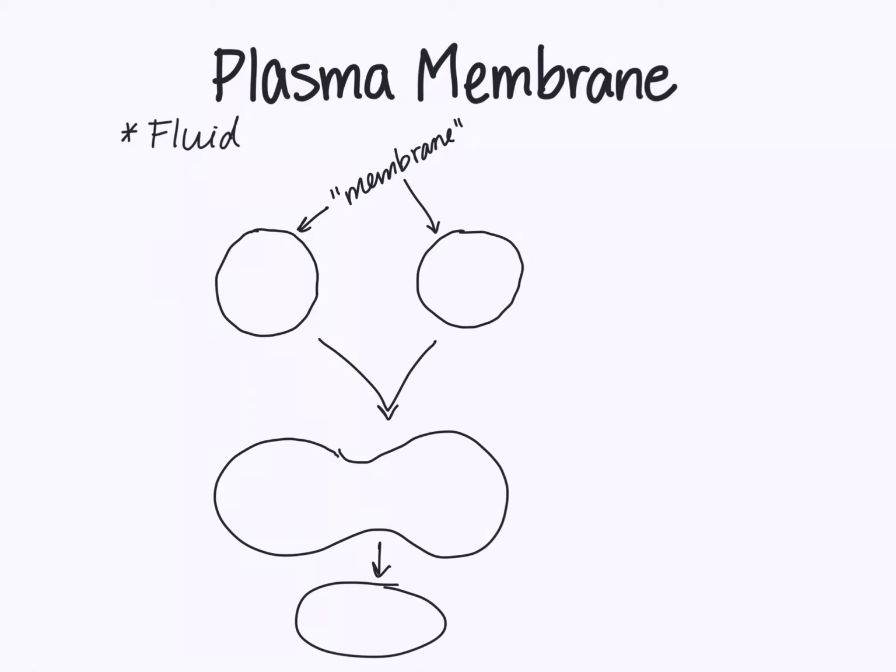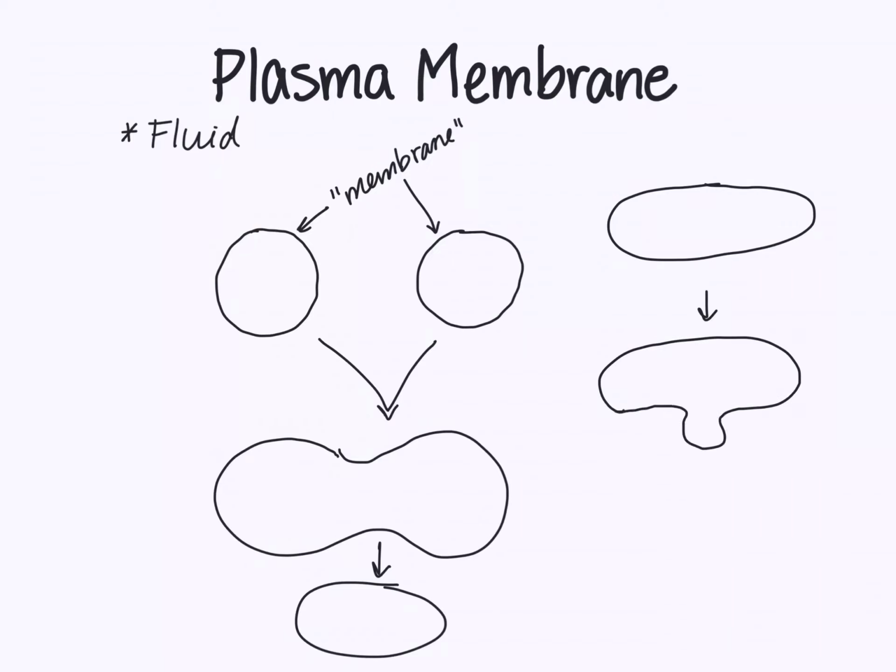On the flip side, the opposite could happen. You could have a structure that has a little part of the cell membrane that starts to pop out from it. We could draw that as something like this. And this area right here is where that membrane is starting to pinch off.